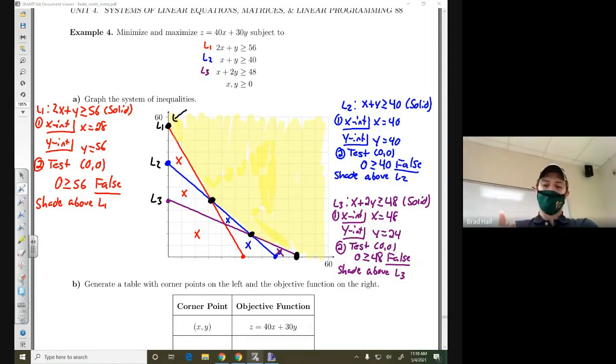It might mark it wrong if you don't put, so for the first corner point here, the Y-intercept of L1, which is 56, you would have to put 0 and 56. If you switch 56 and 0, that's one thing that comes to mind.